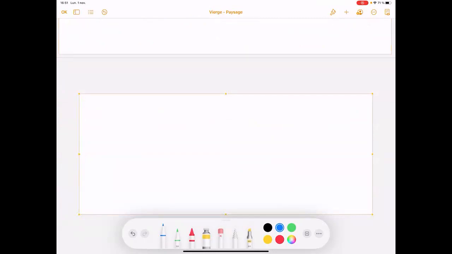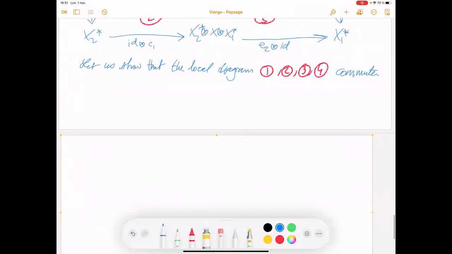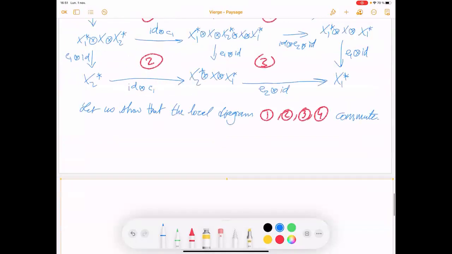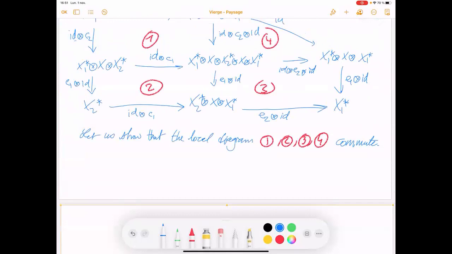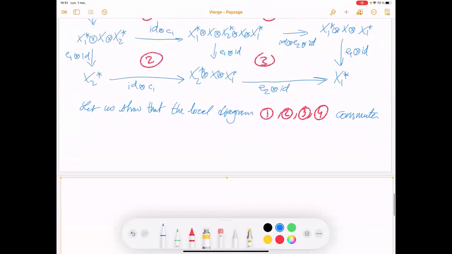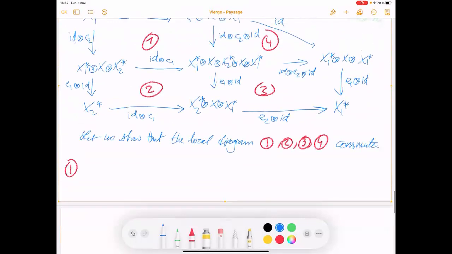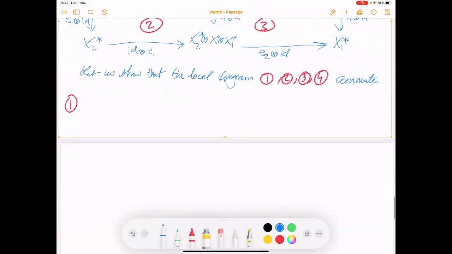Okay. So we have no time to finish the proof. So what about one? I will prove one formally, and then I will show what is a move.